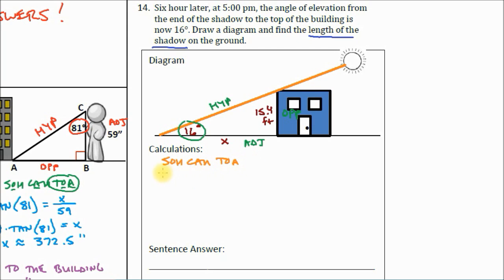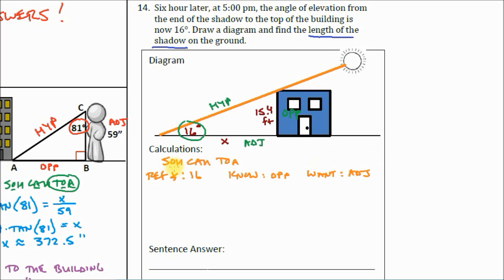And our reference angle is now going to be 16 degrees. The side we know has now changed. The side we know is now opposite, and the side we want to know is our adjacent side.